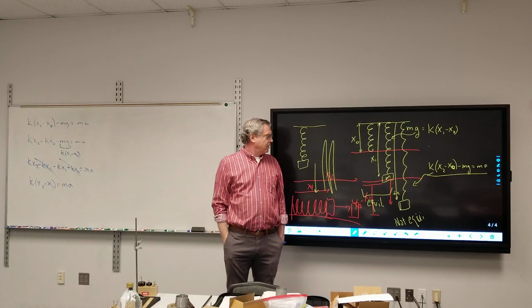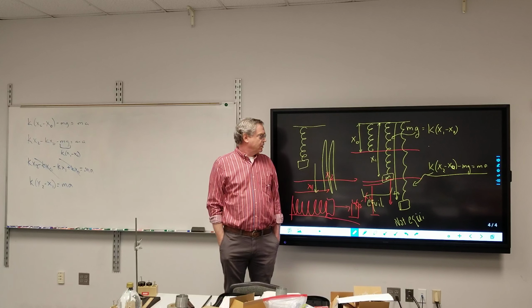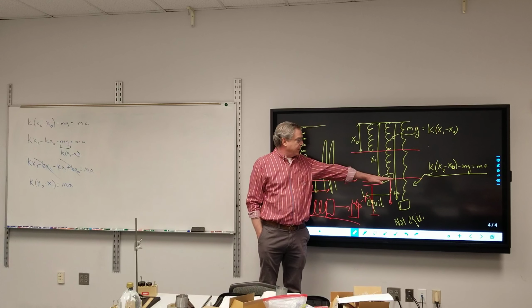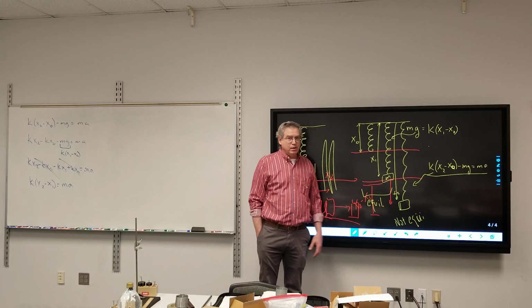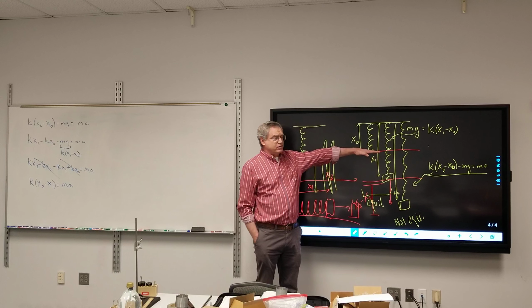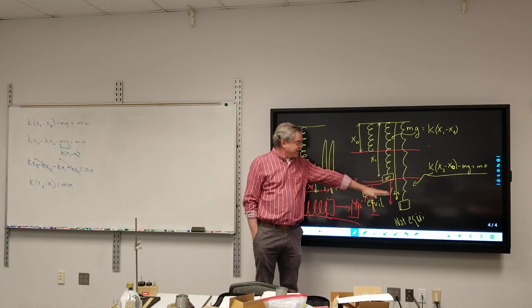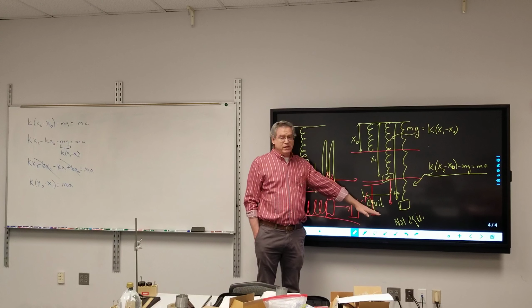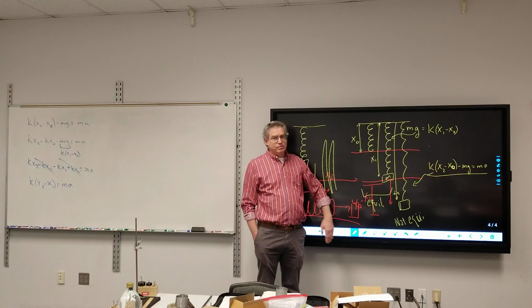So k times amplitude equals ma. If you consider this to be the equilibrium, then k times that amplitude would be ma. If you consider this the equilibrium, and it stretches that far, then k times that amplitude minus the weight equals ma.